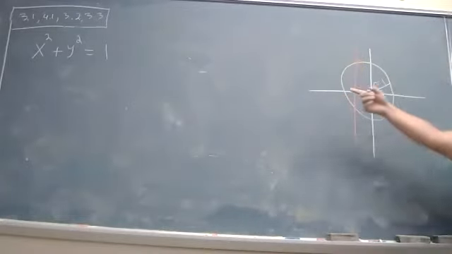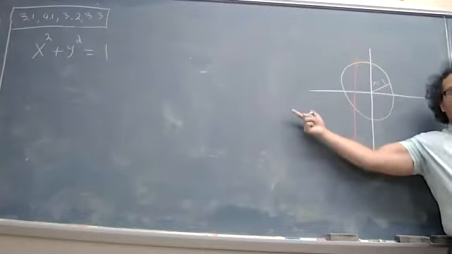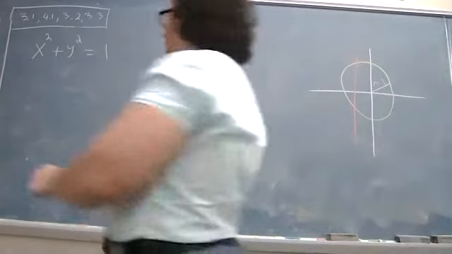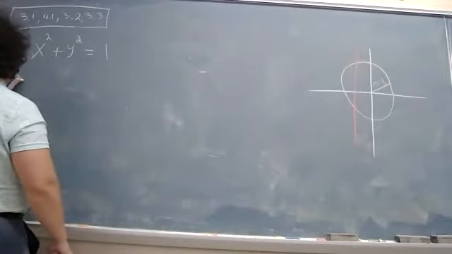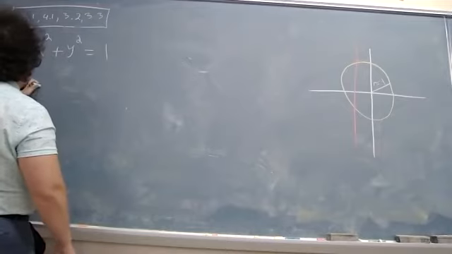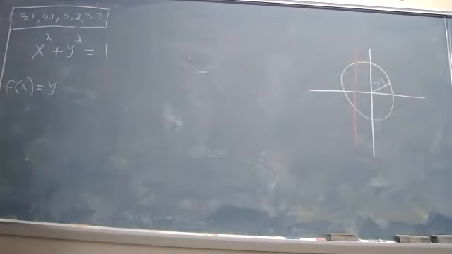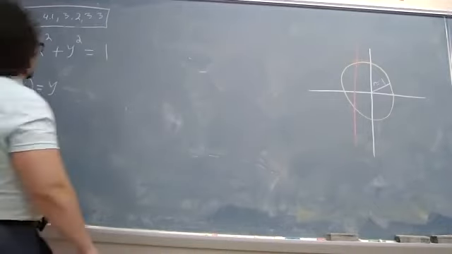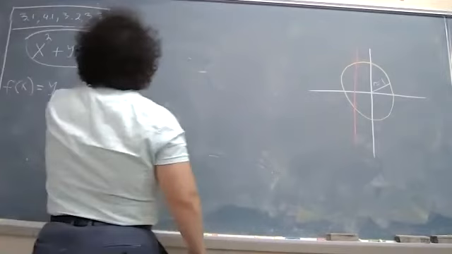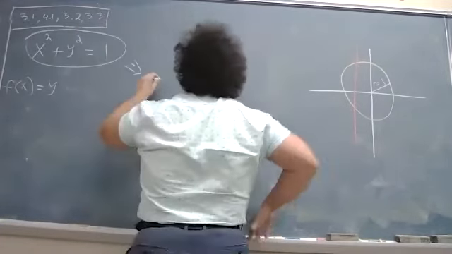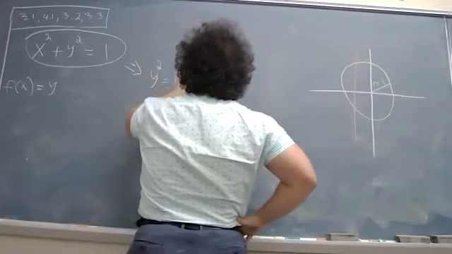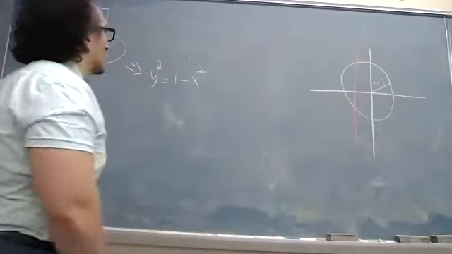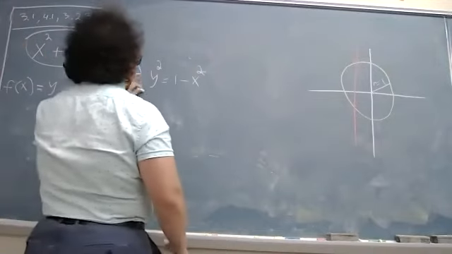Let's determine mathematically why that is the case. What we'll do is solve for y, because usually our f of x can be expressed as a y. So let's solve for y in this equation. We first do that by subtracting the x squared. Then we can take the square root of both sides.